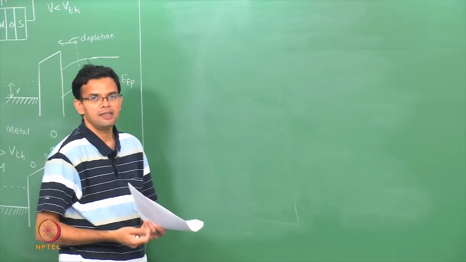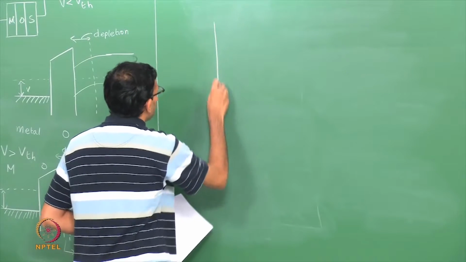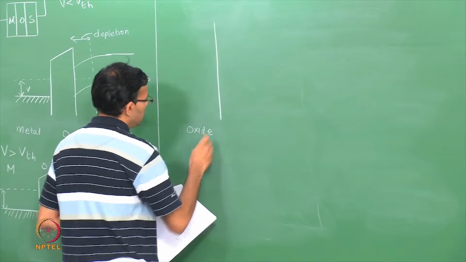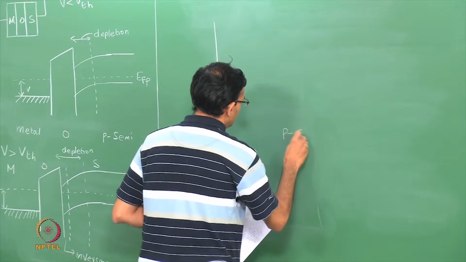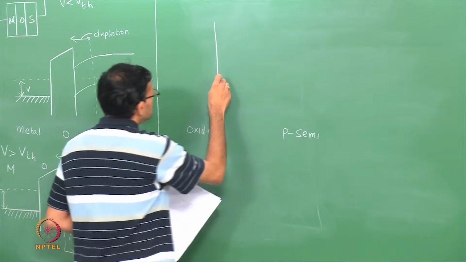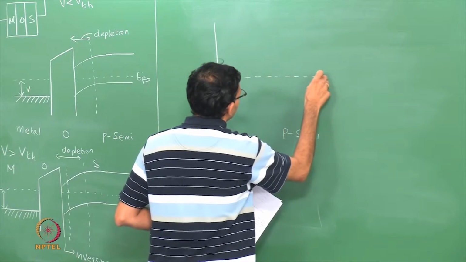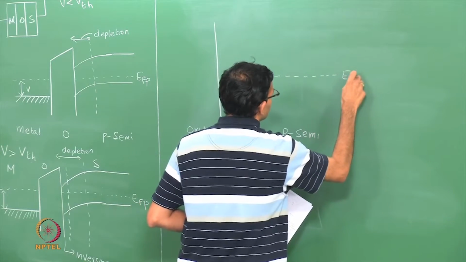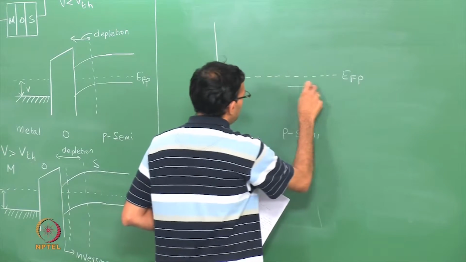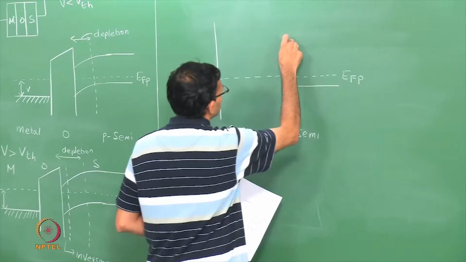So, we will look only at the semiconductor side of the junction. So, this is my oxide layer, this is my p type semiconductor. So, let me mark EFP. EFP, since it is p type, will be closer to the valence band.